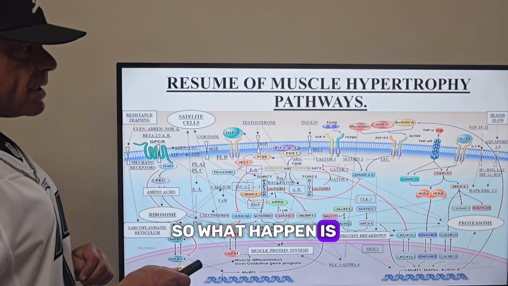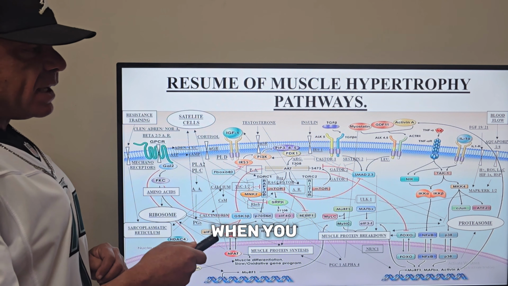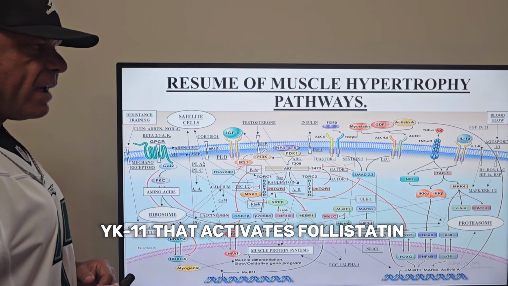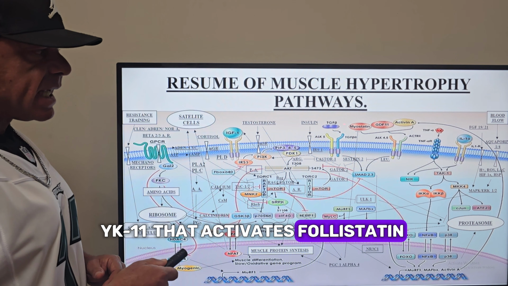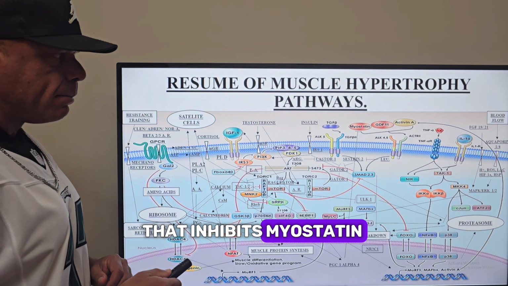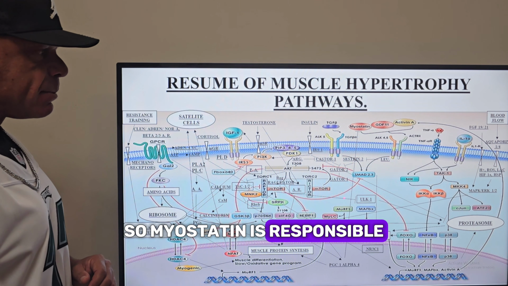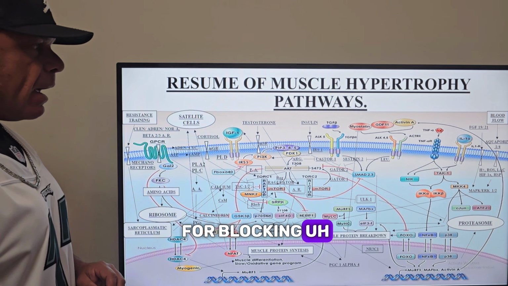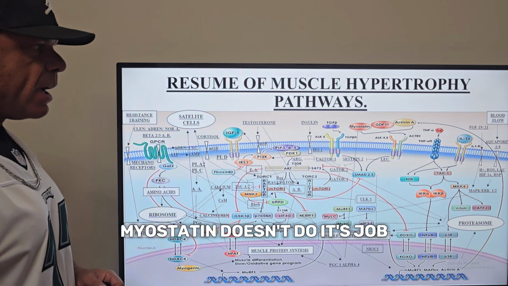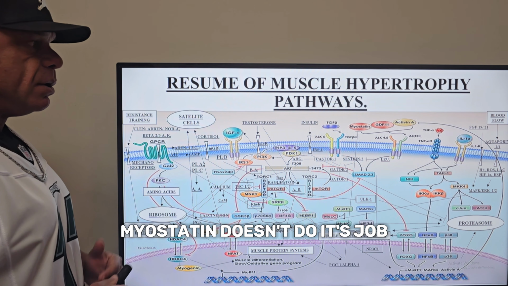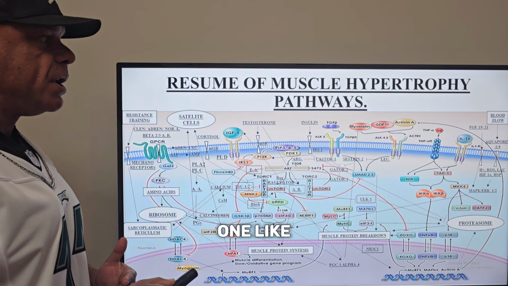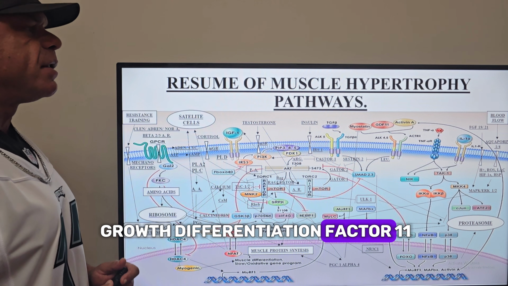So there are supplements like YK11 that activates follistatin, so phosphorylates follistatin that inhibits myostatin. Myostatin is responsible for blocking the mTORC1, and in this case myostatin doesn't do that job. It doesn't block. Okay, so you have another one like GDF11, which is growth differentiation factor 11.